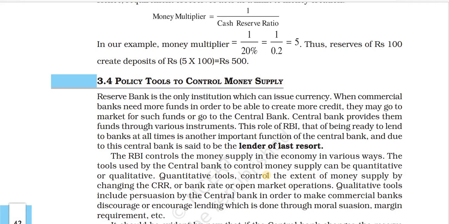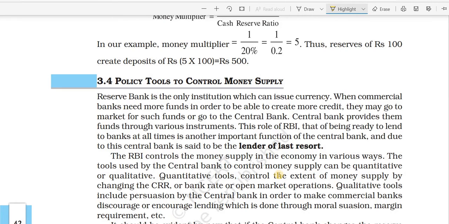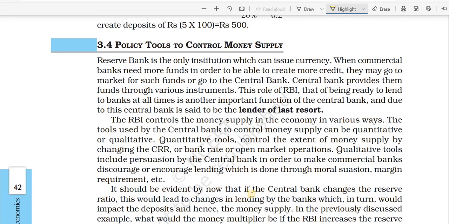Quantitative methods are bank rate, open market operations, cash reserve ratio and statutory liquidity ratio. These are the RBI's quantitative methods that we already studied.